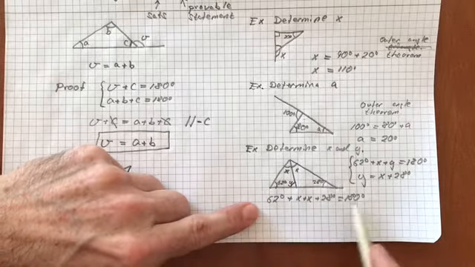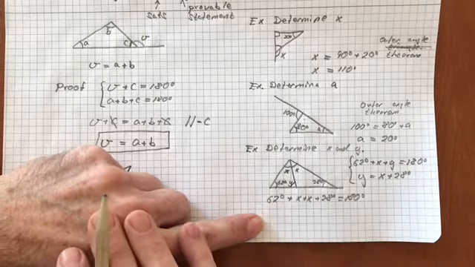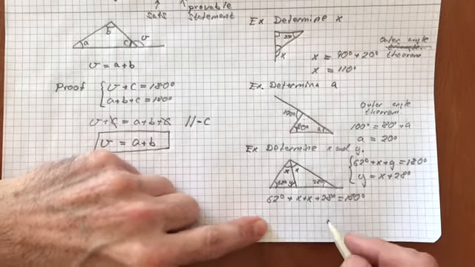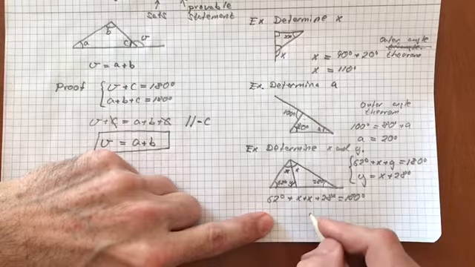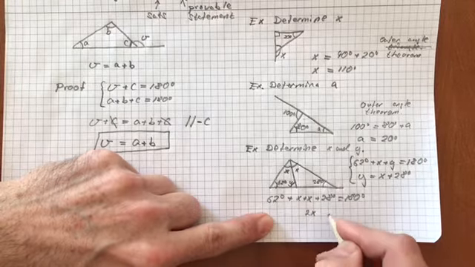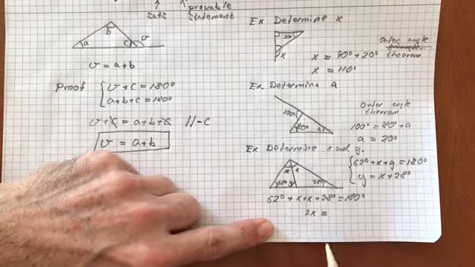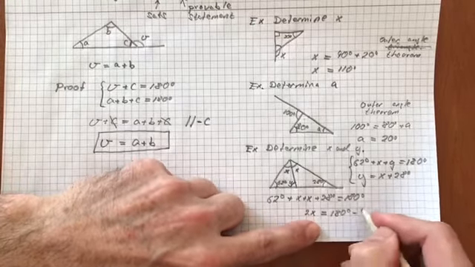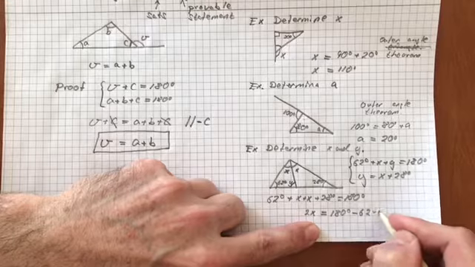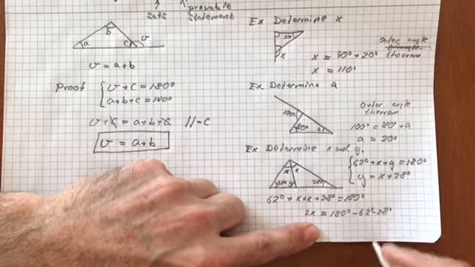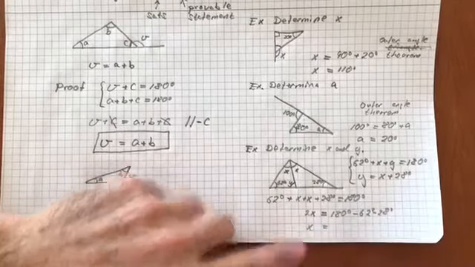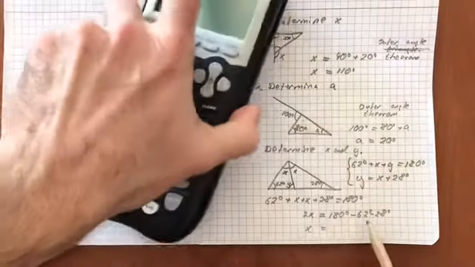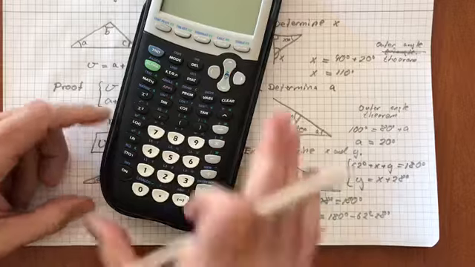Now, this is an equation with just one unknown. So, we can solve it. So, we know that x plus x, that is 2x, is equal to 180 degrees minus 62 and minus 28 degrees. So x is equal to, and I divide the answer here by 2.